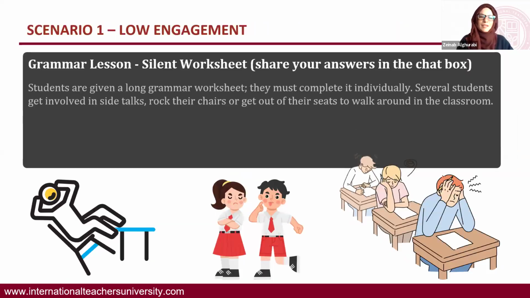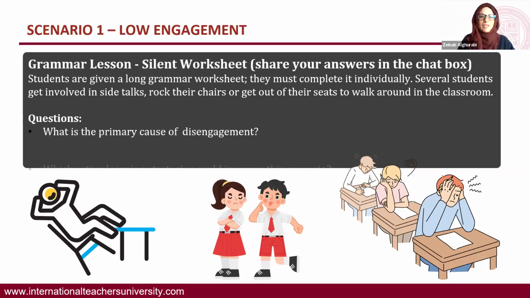Before I move to the debate I spoke to you about, I want to share two different scenarios, and I want you to give me your feedback in the chat box. Now, imagine there's a lesson where you're teaching grammar, and we know that grammar can be boring for many learners, and there's usually low engagement during the grammar lessons. So, you're giving them a grammar worksheet, they have to complete it.